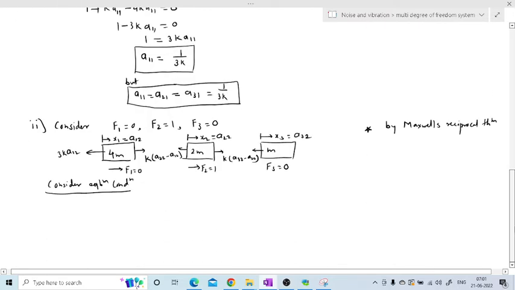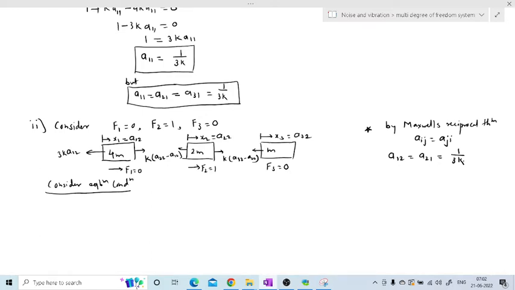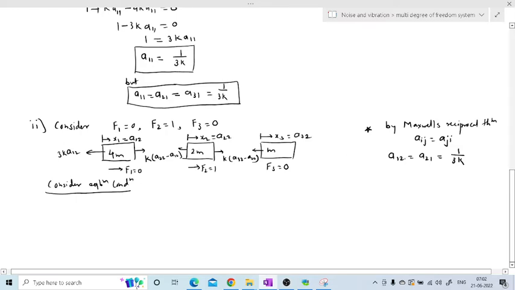Okay, so by Maxwell's reciprocal theorem, Aij is equal to Aji, and we already know the value of A21, and that will be equal to A12. So A12 will be equal to A21 will be equal to, what is this value? 1 divided by 3k. So there is no need to determine A12 here, because by Maxwell's reciprocal theorem we know this value.